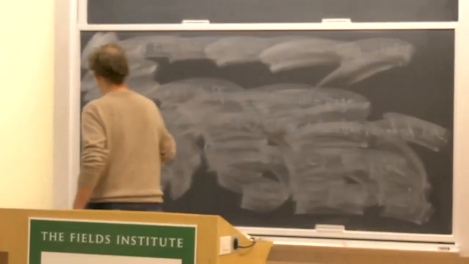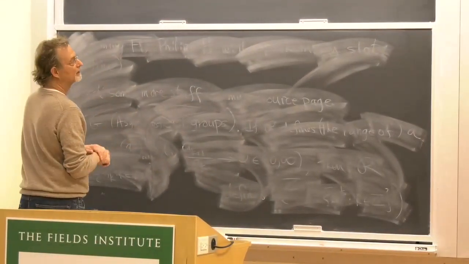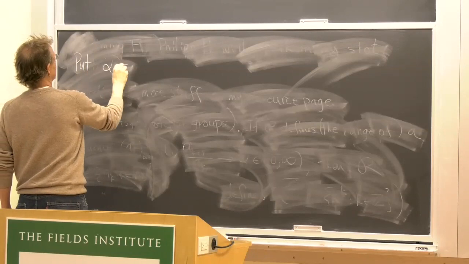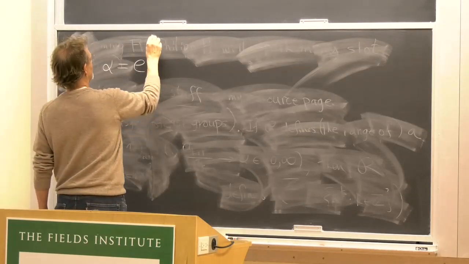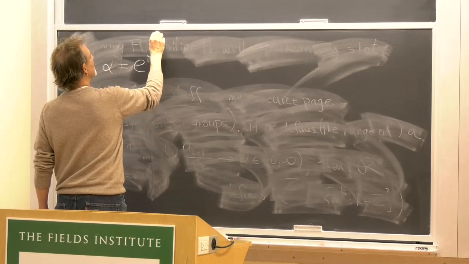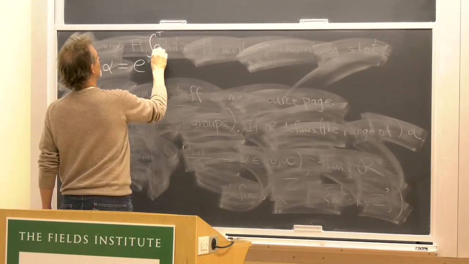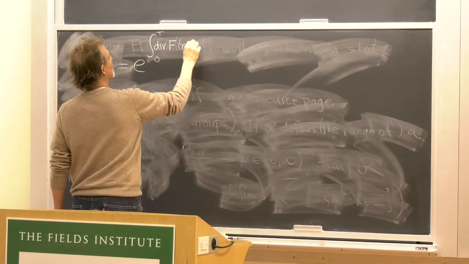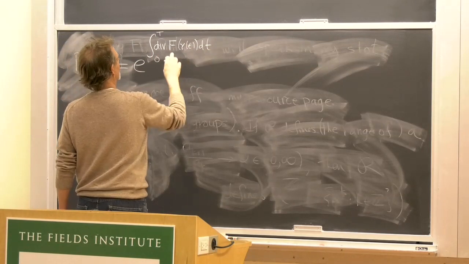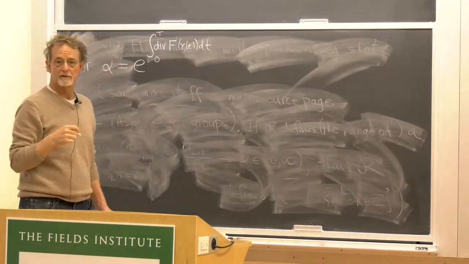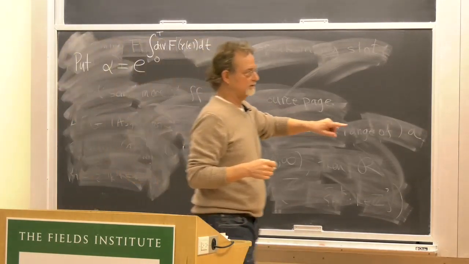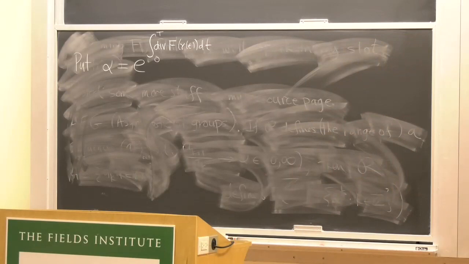All right, so here's this result I like. Here's my original vector field F. It's C1, so the divergence is going to be continuous.